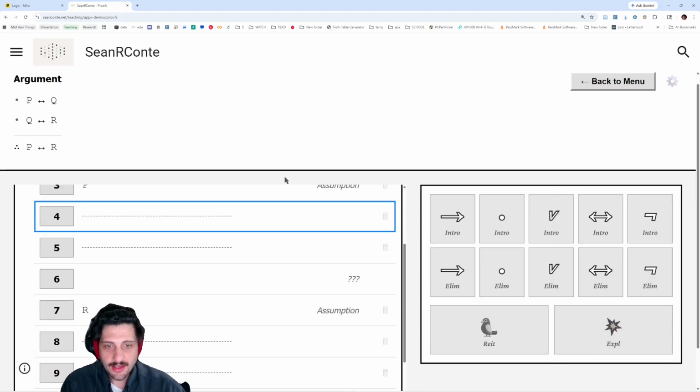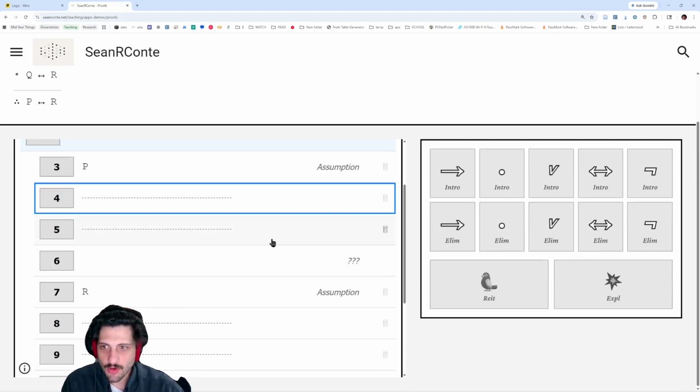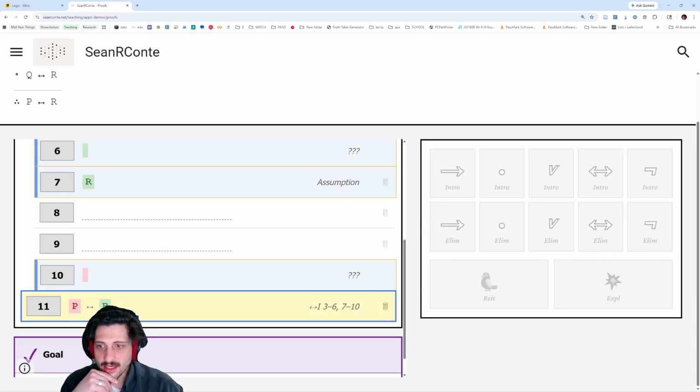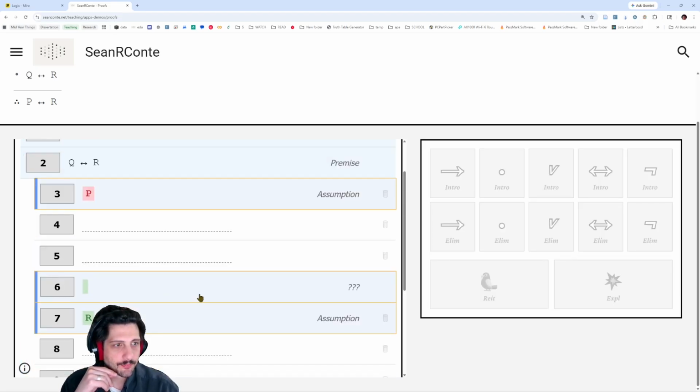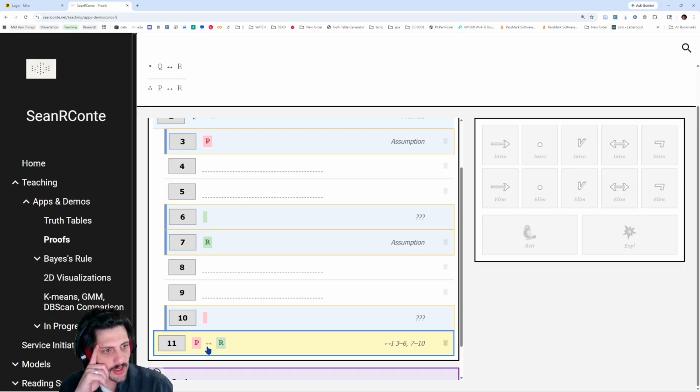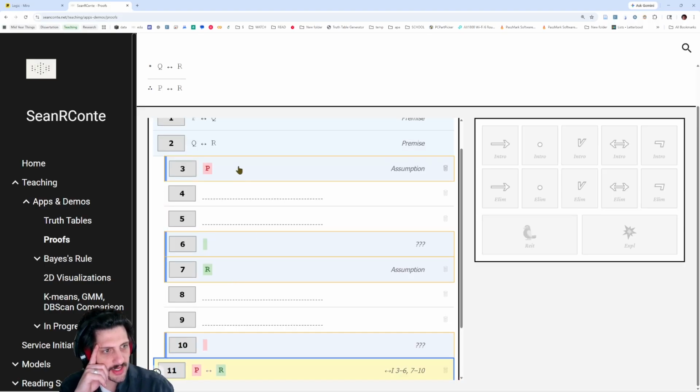So then when it executes this, what we see is I have two subproofs. I'm trying to show that P is true if and only if R, so I have the one that says P leads to R, red leads to green, but also R leads to P, green leads to red.